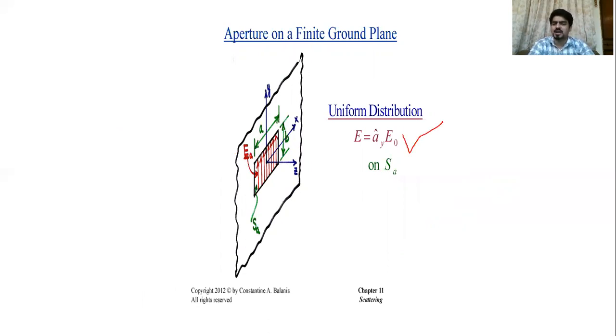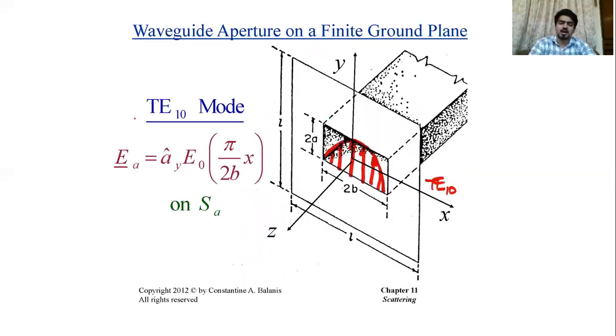So for that you would have something like a uniform field distribution over this surface area SA. And if you have a proper waveguide aperture, then you would have TE10 mode, dominant mode, then this would be your field distribution.